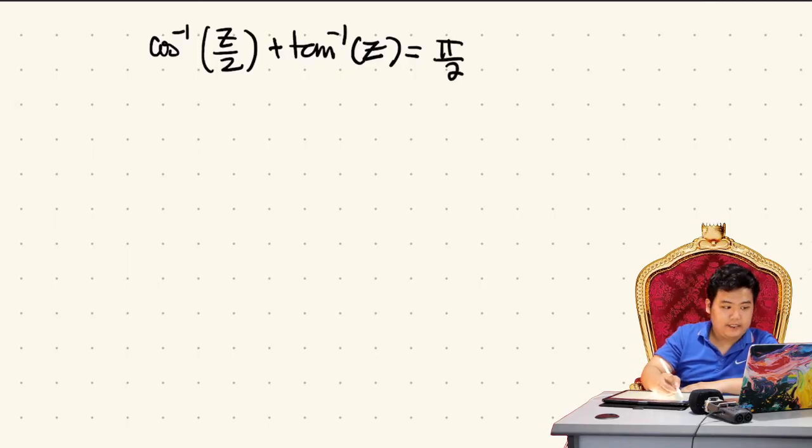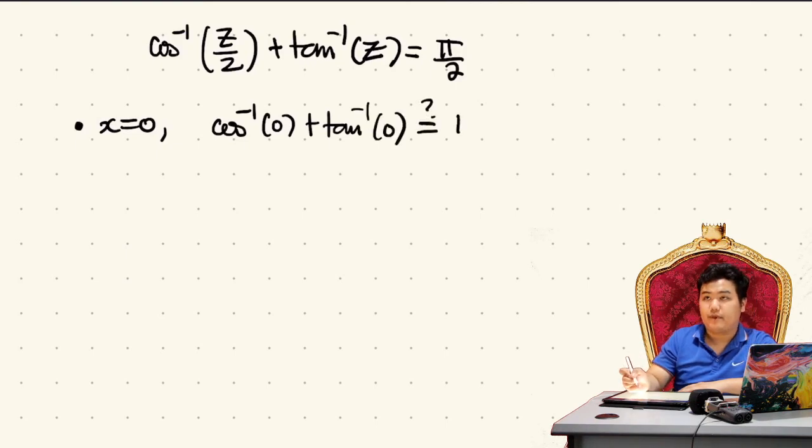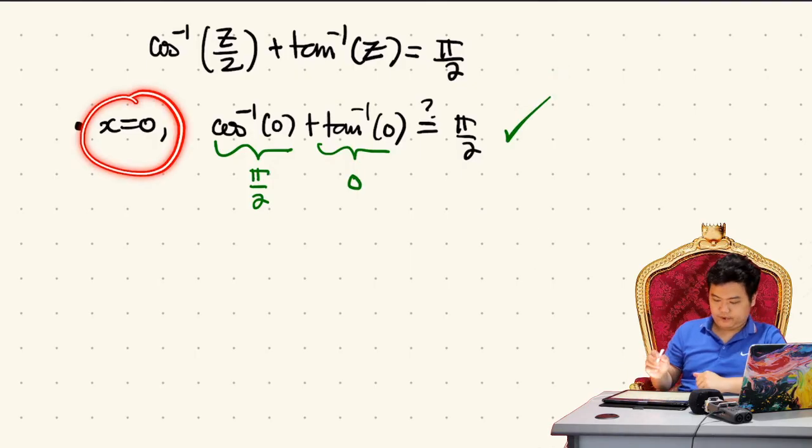First candidate natin is when z is 0, what do we get? Cosine inverse 0 plus tangent inverse 0, is it pi over 2? Cosine inverse 0 is pi over 2. This is 0. So yes, nag-agree sila. Check. So this is a solution.